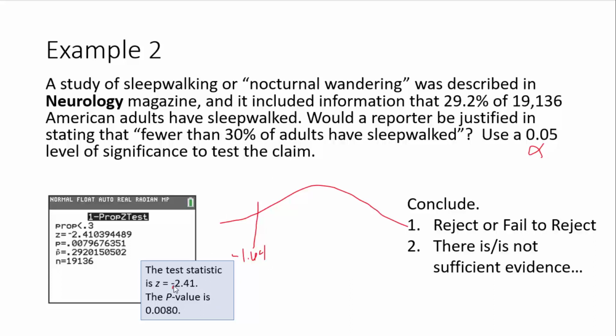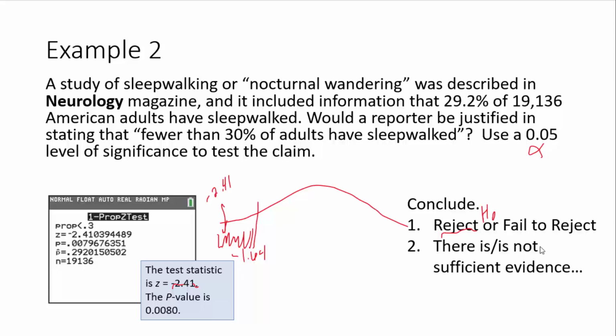My test statistic, negative 2.41, is way over here to the left. Negative 2.41 is in that critical region. It's in the tail. So we need to reject the null hypothesis. Okay? So we are going to reject the null hypothesis, and we're going to say it's not really 30%.